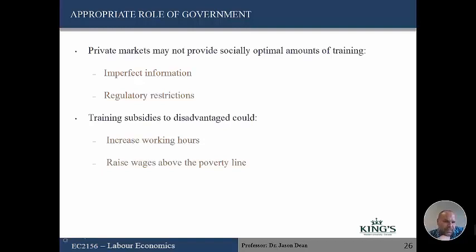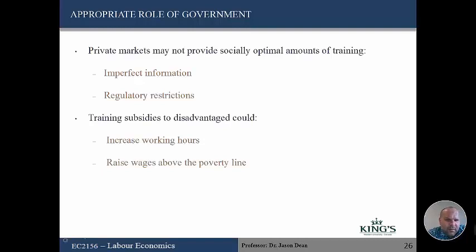And then there are other reasons listed here: imperfect information, regulatory restrictions, that sort of thing. Regulatory restrictions is getting at the idea that private companies can't issue degrees, only government institutions or institutions regulated heavily by the government can issue degrees. So that's what they're getting at there.